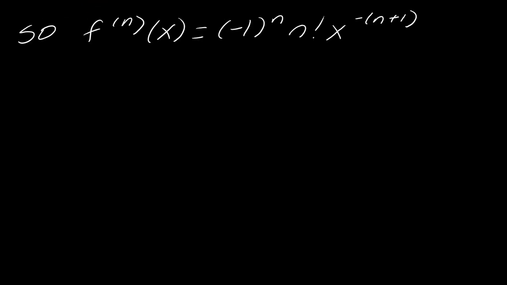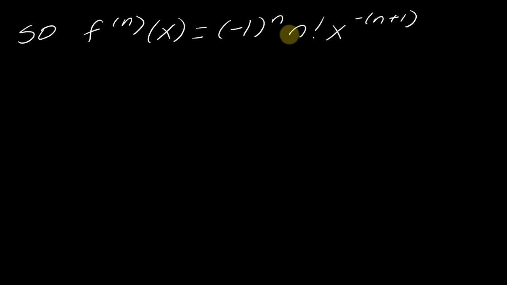For that to happen, this needs to be -1 to the n. So when n equals 1, this will be negative. When n equals 2, this will be positive. That's the direction I want to go. And then I have n factorial. The exponent here is always one more than wherever this factorial starts, and this is always a negative exponent.